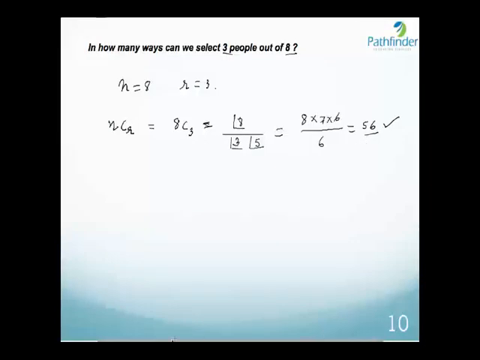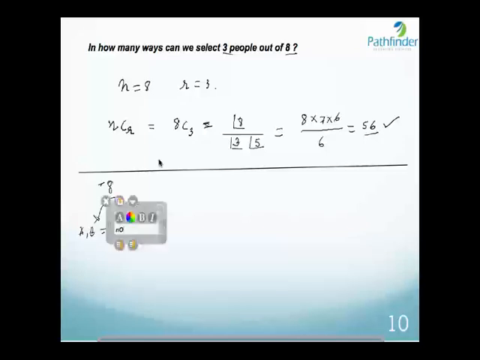Now, what would have happened if one of these people or two of these people are not supposed to be selected? Let's say 8 people come for a job interview, and out of which 2 people, let's say A and B, are not to be selected. So if we cannot select A and B, effectively what is the value of N now?